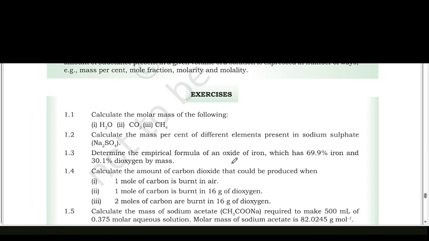Then calculate the amount of carbon dioxide that can be produced when 1 mole of carbon is burnt in air. 1 mole of carbon is burned in 16 gram of oxygen, and the reaction is not full: 16 by 32, 0.5.